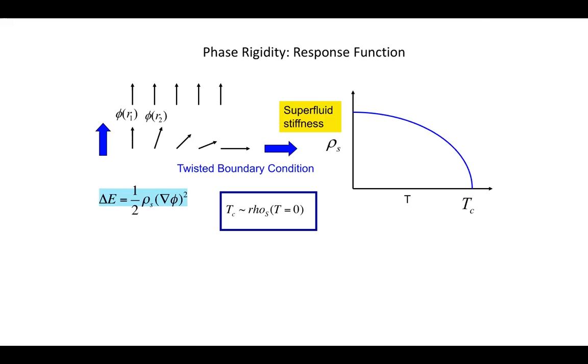It's quite inventive. They use two lasers and they rotate the lasers, and that's essentially like applying this twisted boundary condition. So now the result of this twisted boundary condition is that the phases are not going to be all up everywhere and then the last spin will flip. It doesn't do that. That's a very high energy cost.